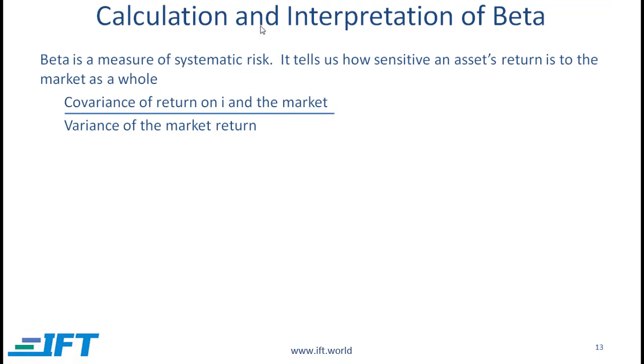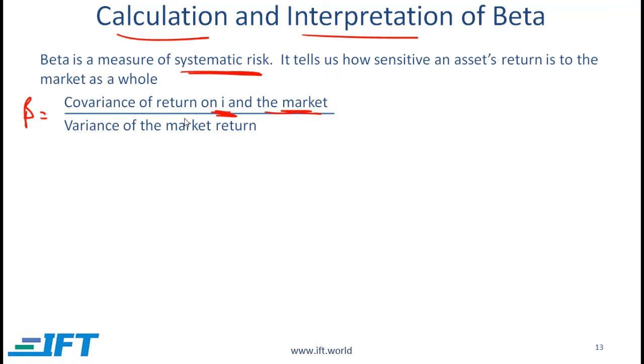We've talked about beta. Now let's figure out how we calculate beta and how we interpret beta. Beta is a measure of systematic risk. It tells us how sensitive an asset's return is to the market as a whole. Specifically, beta can be written as the covariance of the return on stock i with the market.